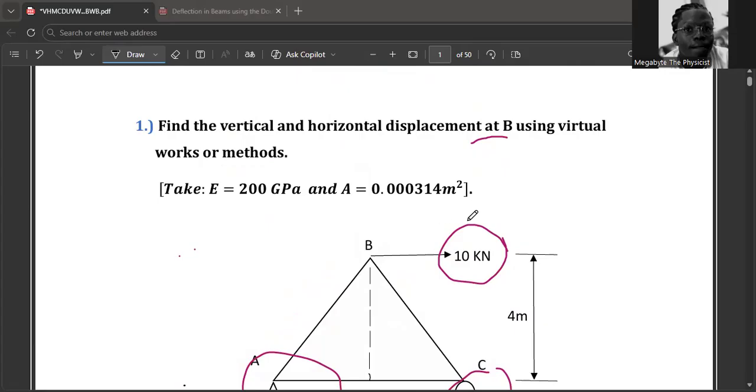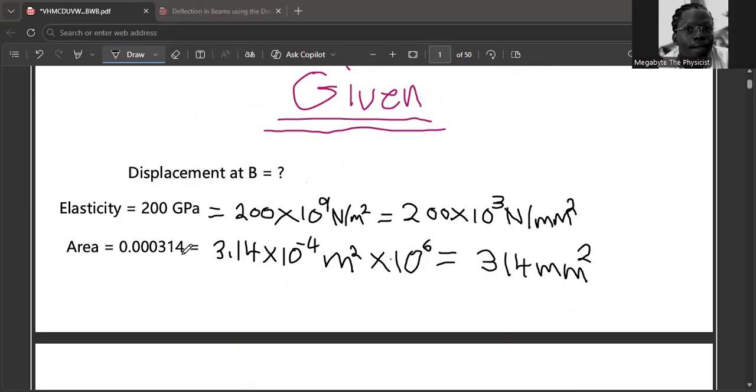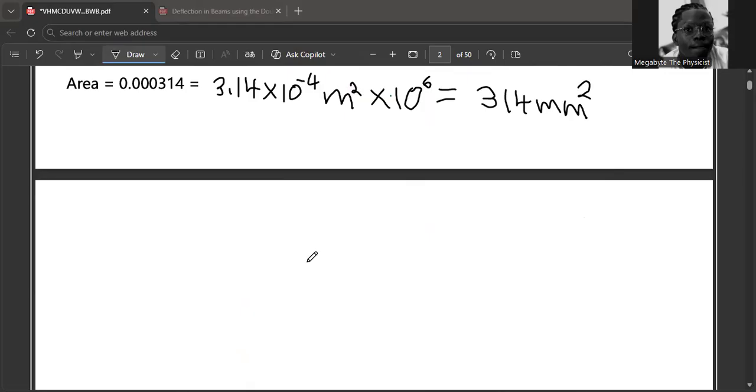So what are we supposed to do next? Once we are done putting down our given, we can just draw a diagram and then proceed. So let's all quickly draw the diagram together.